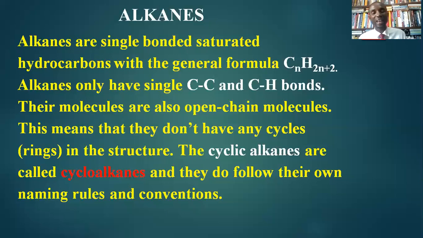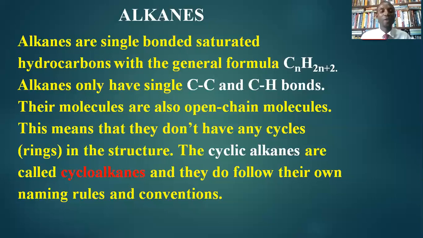The alkanes that are closed ring, we call cycloalkanes, the cyclic ones, but normal alkanes are open chain molecules. This means that they do not have any circles or rings in the structure.